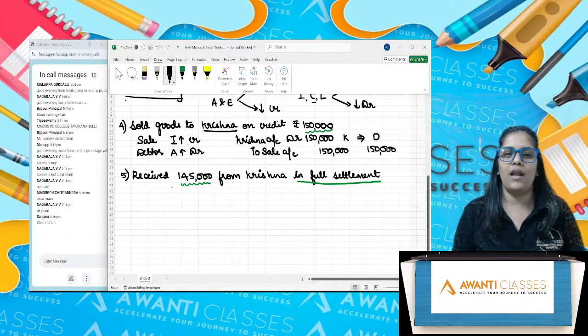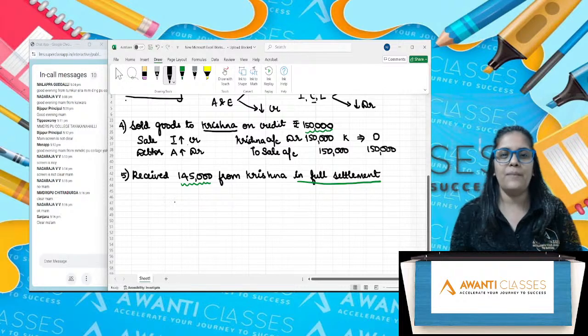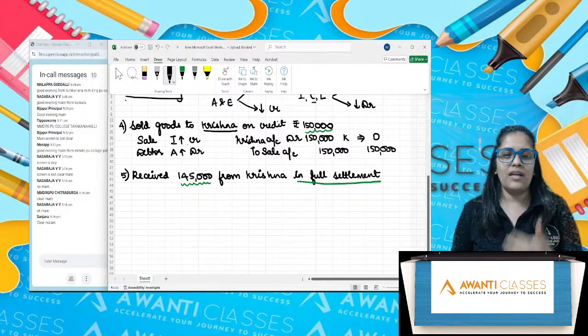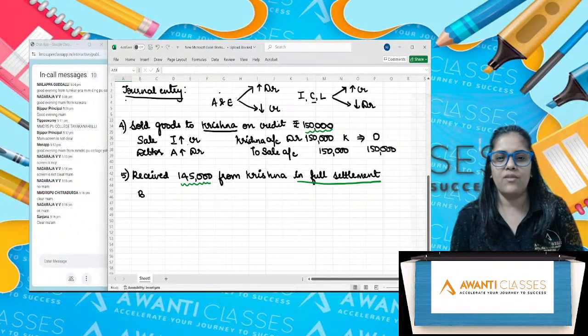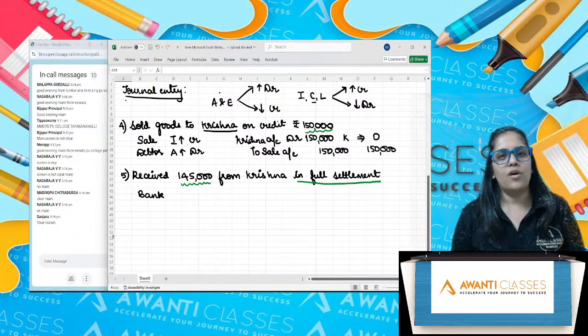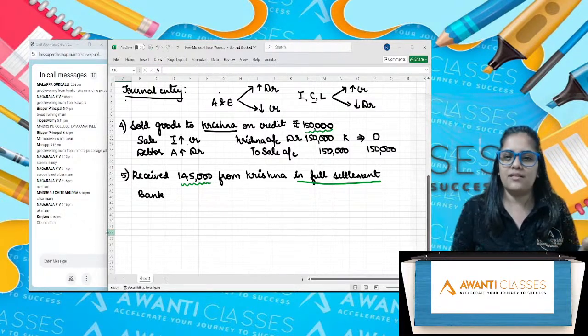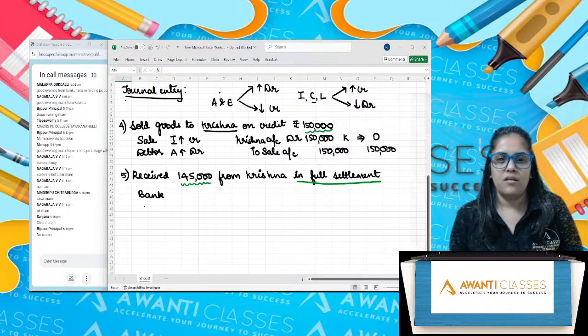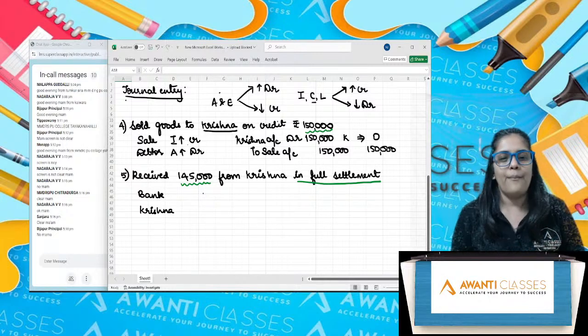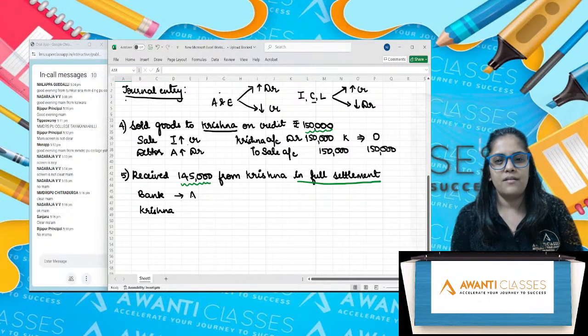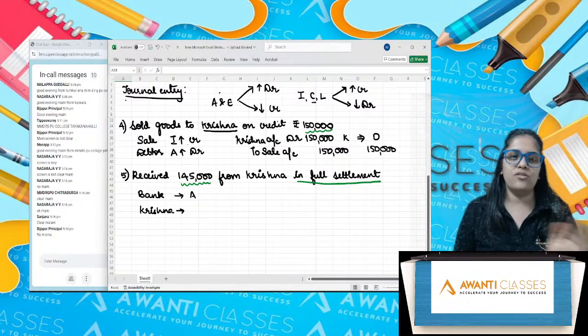So journal entry, what will happen? Now think and tell me. Money, we are receiving, right? So first aspect will be bank. And second, who is giving us this money? Krishna. So second aspect will be Krishna. Am I clear till here? Now understand, bank is an asset and Krishna is our debtor, so that is also an asset.